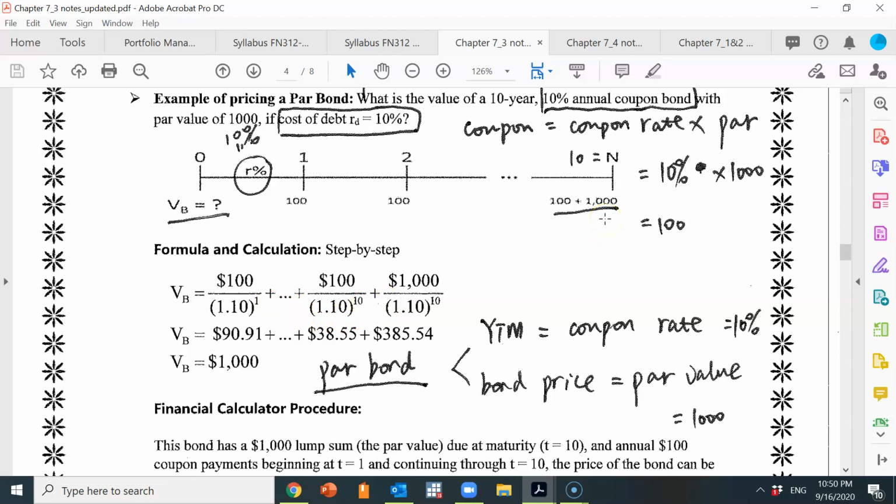And for the par value we receive at the end of the 10th year, we divide by 1 plus 10% to the power of 10. We calculate each discounted value and add them up, so we have the total discounted value of all the future cash inflows, and this is worth 1,000. This is the bond value or bond price at time 0.